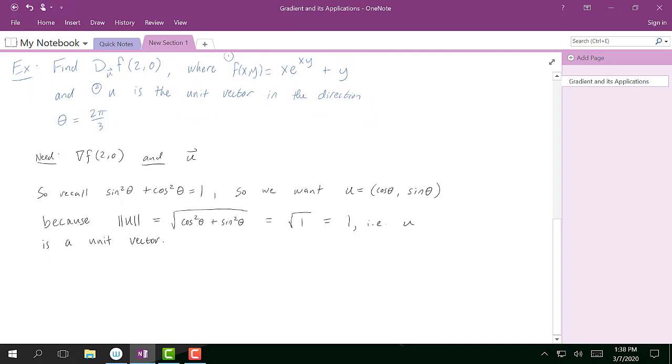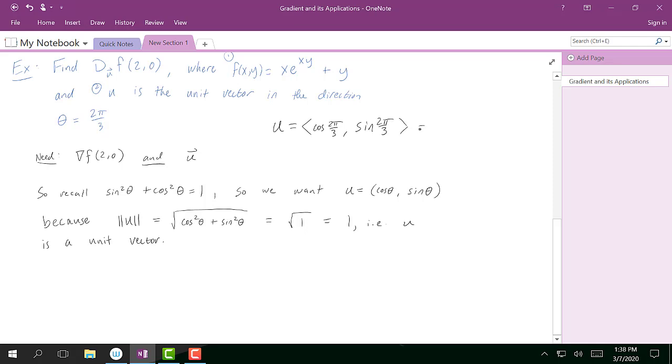And so we'll put that right here. So we have that u is equal to cosine of theta, where the angle that we were given is 2π/3, and the y component is going to be sine of that angle.